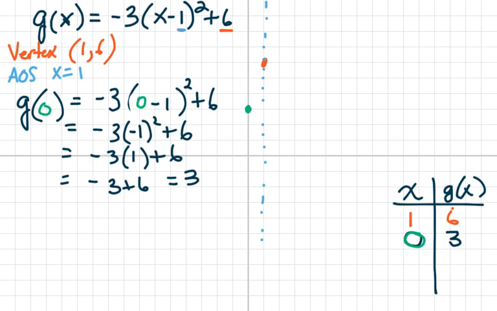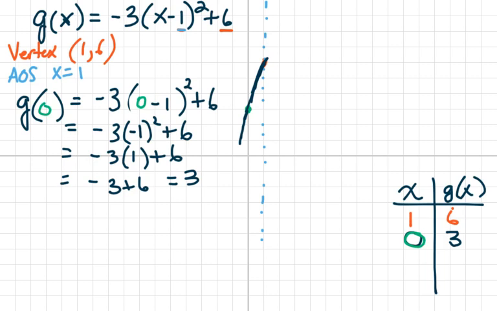It's an easy point to plot, and we really do have to plot extra points to figure out what this graph is going to look like. One other point of interest: this graph is sort of forming a U, but it's an upside down U. It doesn't look like our absolute value function.